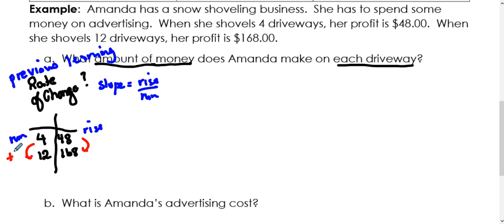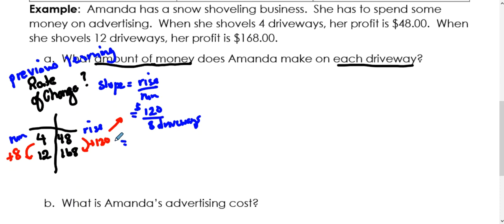All right, let's look at 8 and 168, subtract 48, that leaves me 120. I can take those numbers and substitute them up in here. 120 divided by 8, and that's driveways.